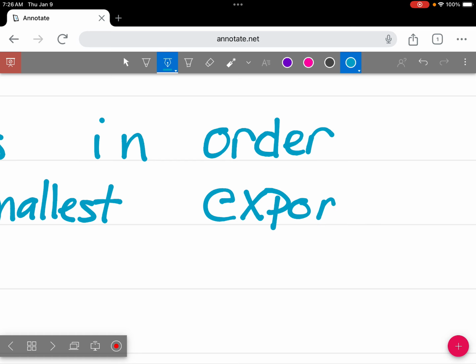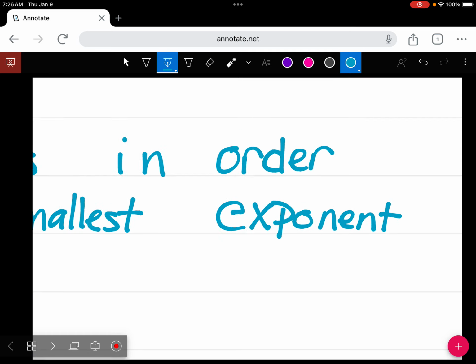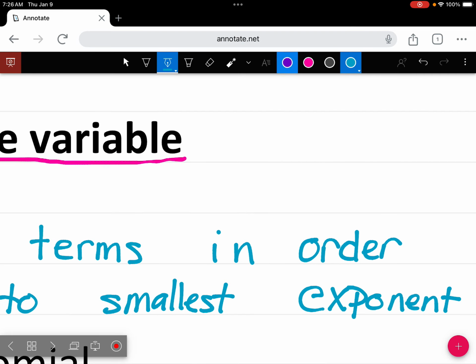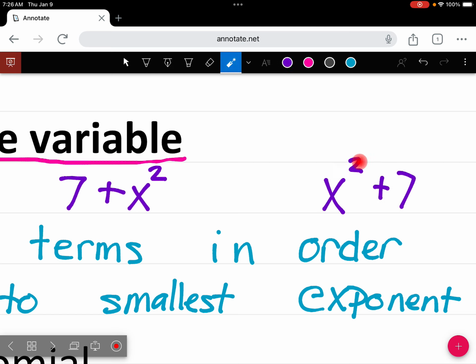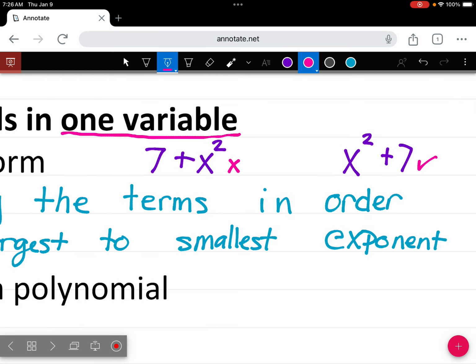Exponent is what we're looking for. So, for example, something like 7 plus x squared is not in standard form, but x squared plus 7 is. Our biggest exponent's in the front, and they get smaller from there. So this has an exponent at the end, not cool. This one's biggest, and then we go smaller from here. So this is not standard form, this one is.